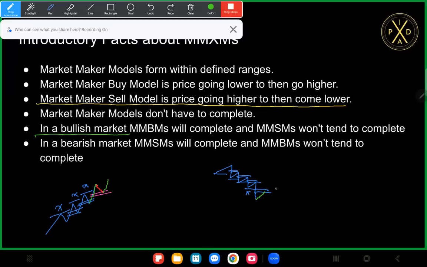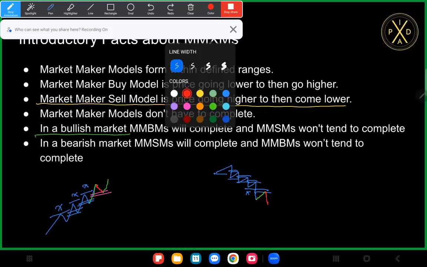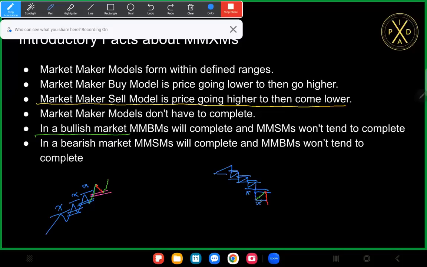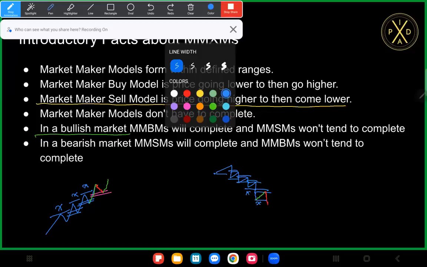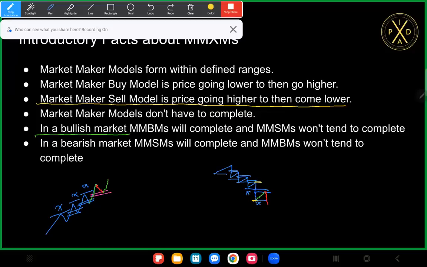And then based off of price meeting that array, price will then go on to the sell side of the curve, and then it will continue its order flow like so. Right? So that's what happens in a bearish market environment. And then, as I mentioned, this market maker model forms within this defined range from the high down to the low. All right. So just to quickly add that in. And so this is a market maker sell model in a bearish environment. So we anticipate for it to complete.